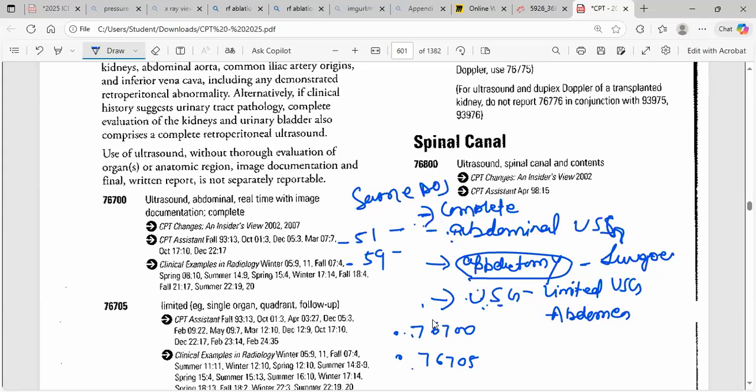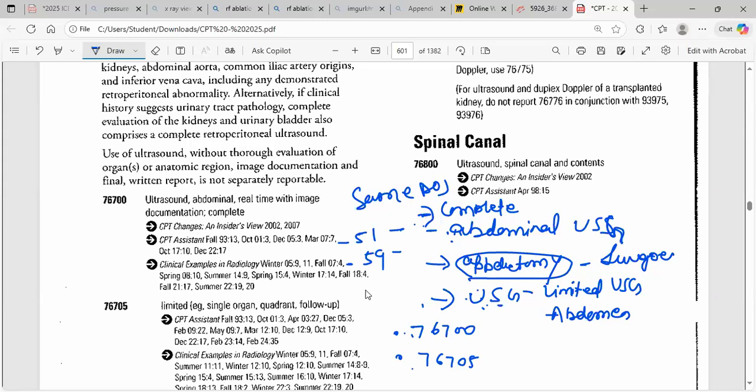Zamil, what is the difference between 51 and 59? 51 means, ma'am, there will be multiple procedures performed by the physician on the same day. Okay, multiple procedures. Yes. And ma'am, 59? Different, like two different procedures or two different sessions.